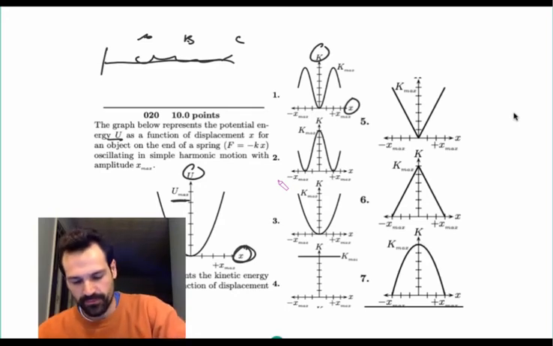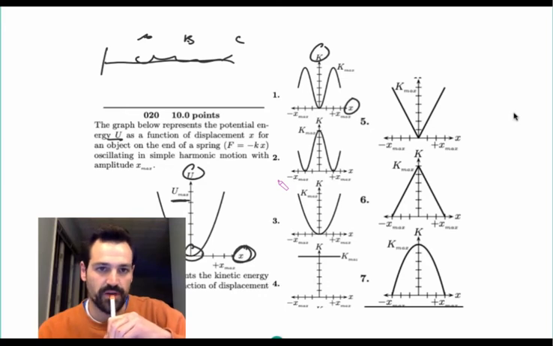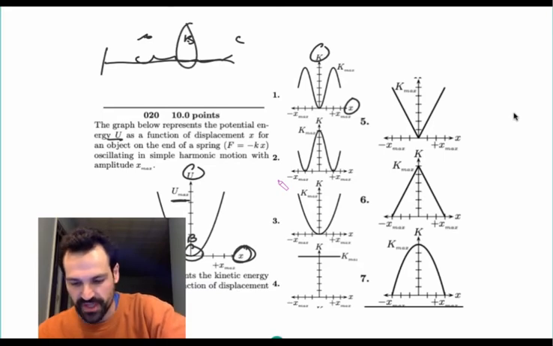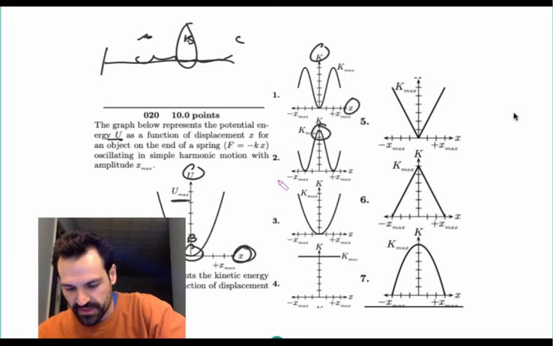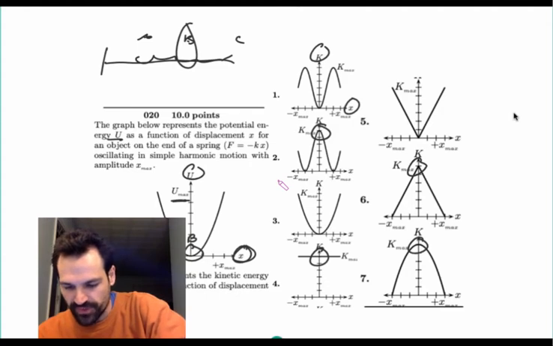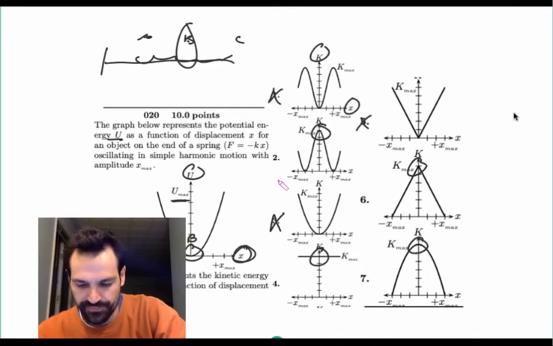Well, right in the middle, we see that potential energy is 0 at position equals 0. So this is position B in our graph above, so that's when kinetic has to be a max. So we've ruled out 5, 3, and 1.